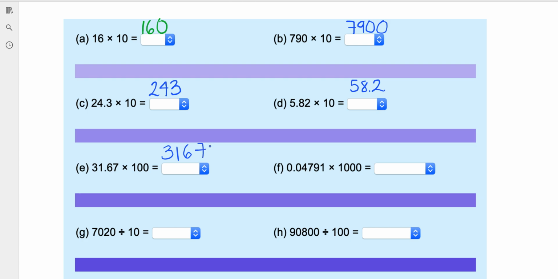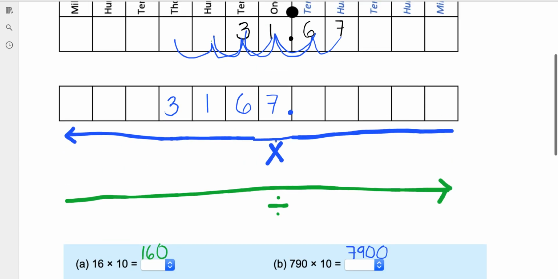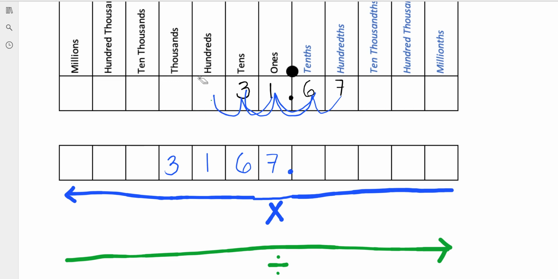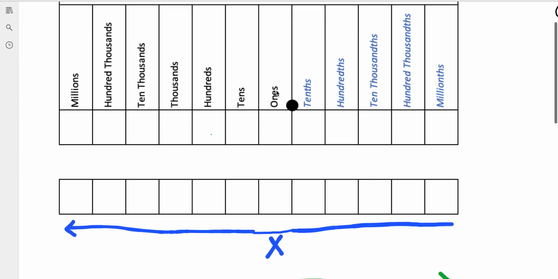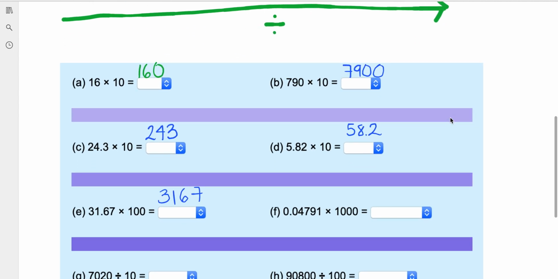Okay, let's do this one. Beautiful. So it's 4,791 millionths multiplying by 1,000.